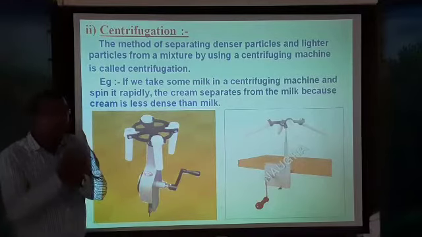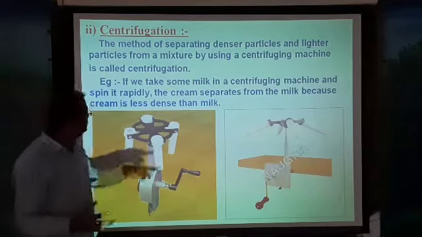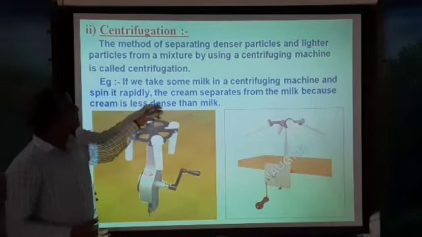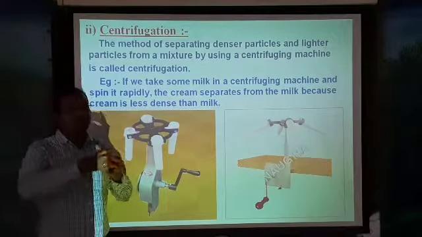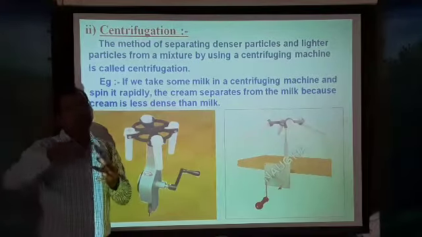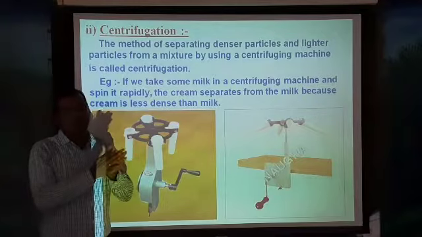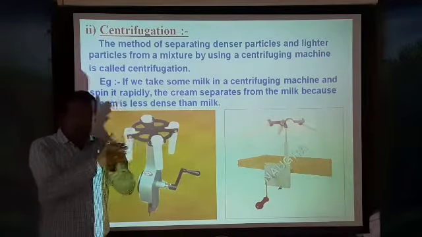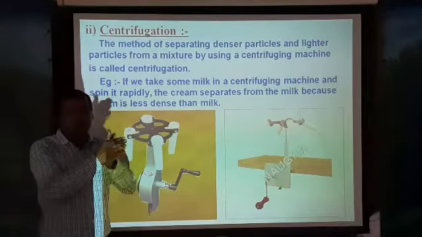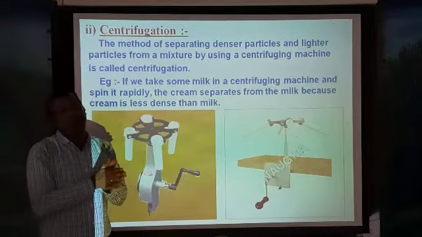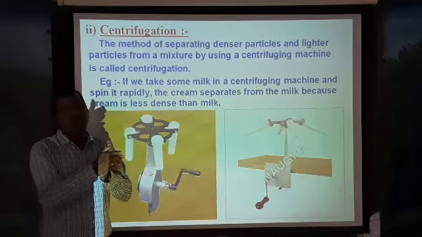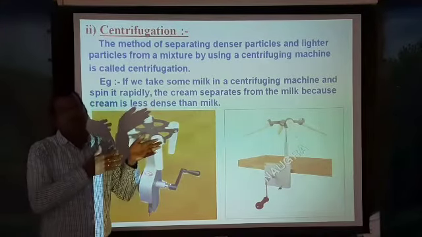You get butter over there, because the cream is less dense than the milk, so we separate it. We take butter from the buttermilk. We churn it. So this is also one more kind of method like centrifugation. By this method, we separate the butter and the buttermilk.